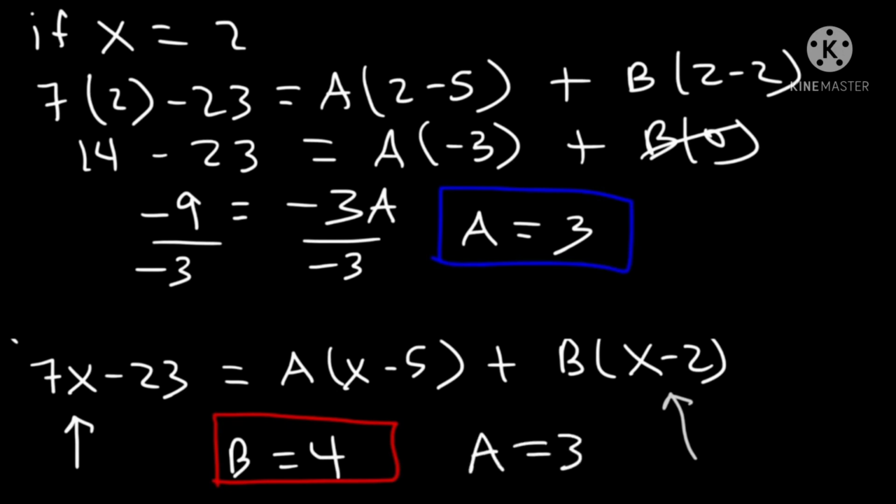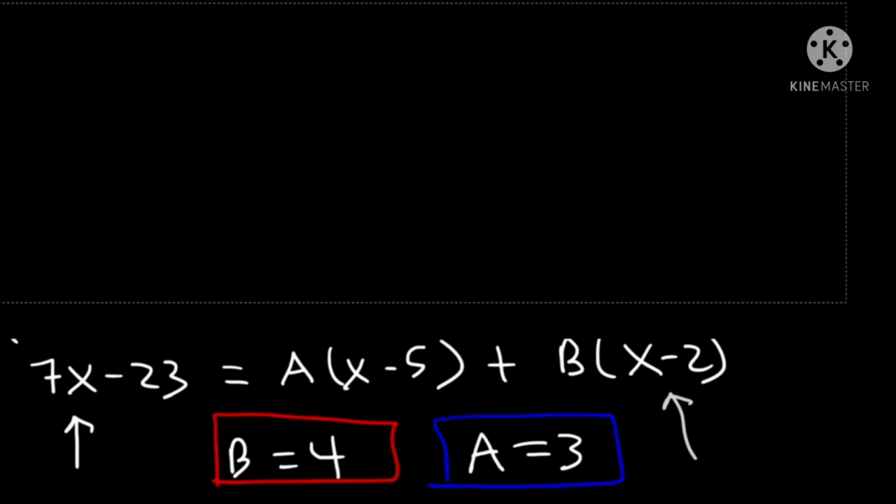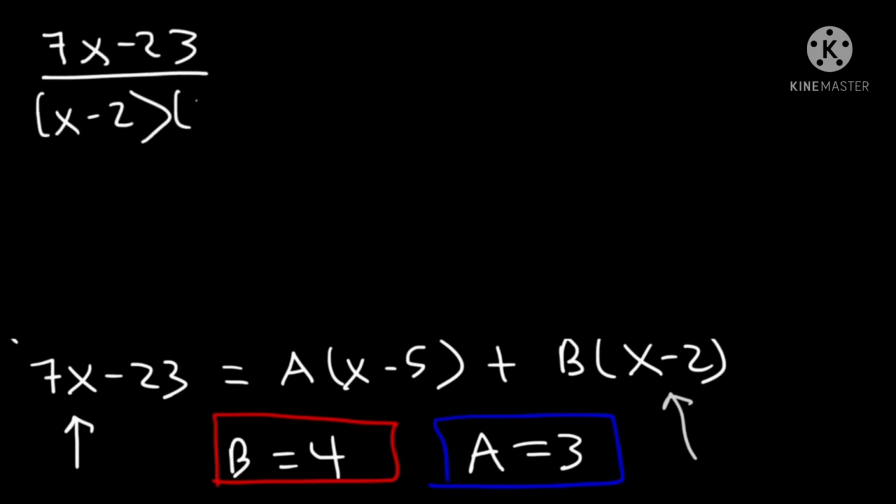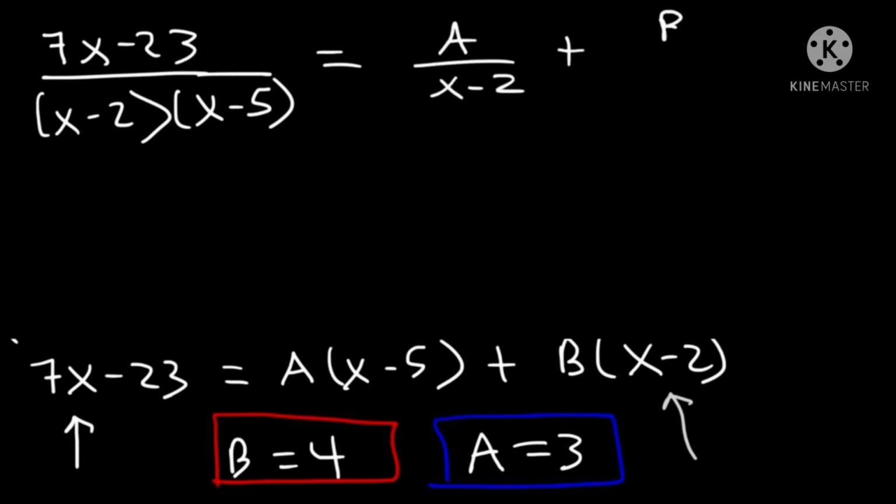Now let's go back to our original problem. So we had 7x minus 23 divided by x minus 2 times x minus 5. And that was equal to a over x minus 2 plus b over x minus 5.